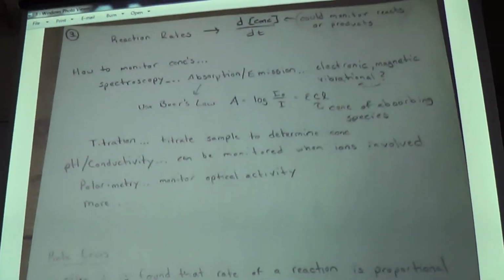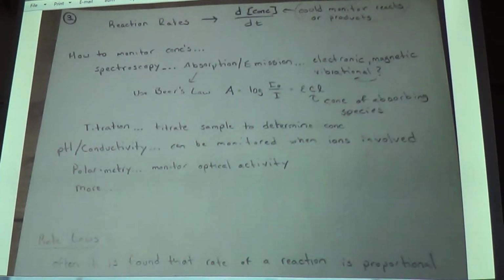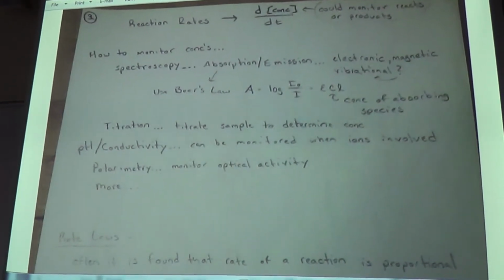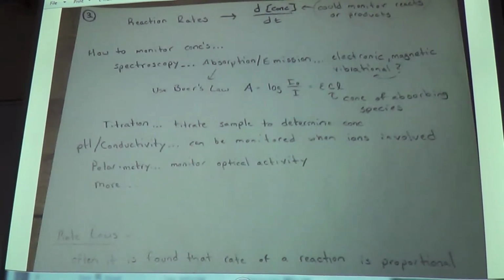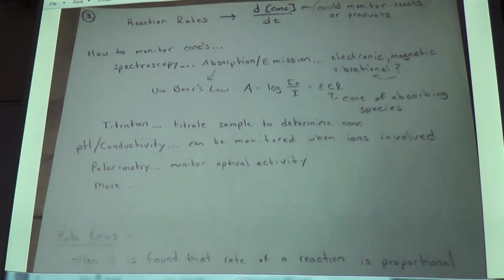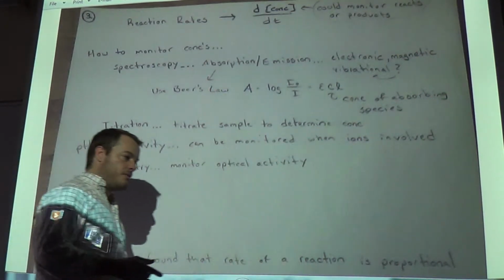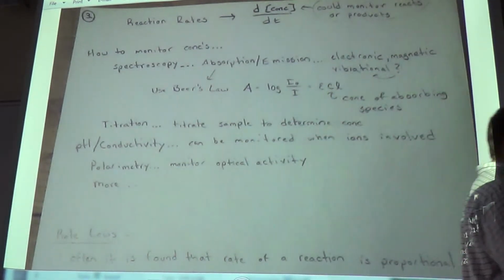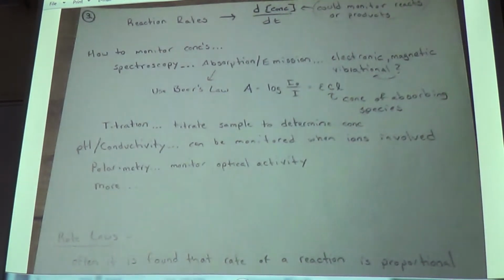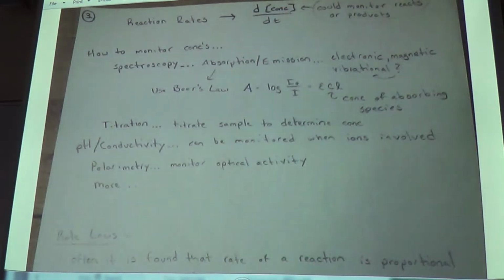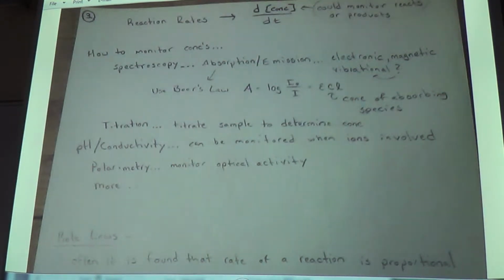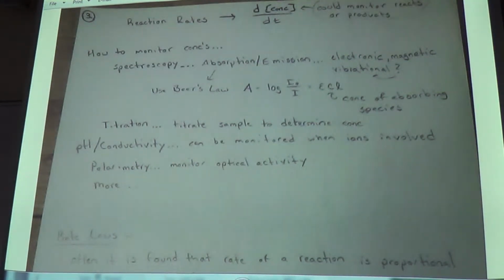You can titrate a reaction with some other reactive chemical, and if you know the stoichiometric relationship between the titrant and the titrated molecule, you can determine the concentration by titration. So monitoring concentrations: spectroscopy, conductivity, you look at pH, you can titrate it with some reactive species, and there's others.